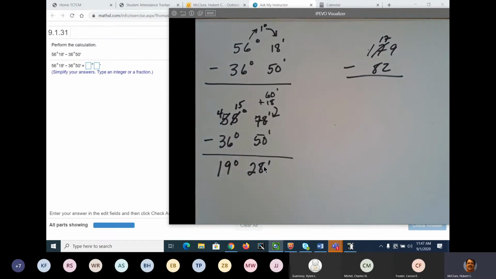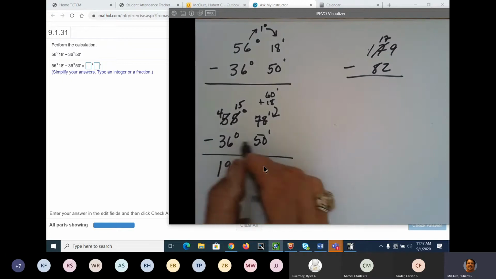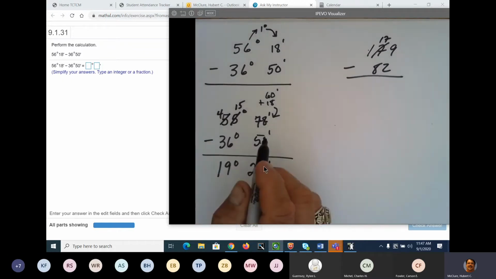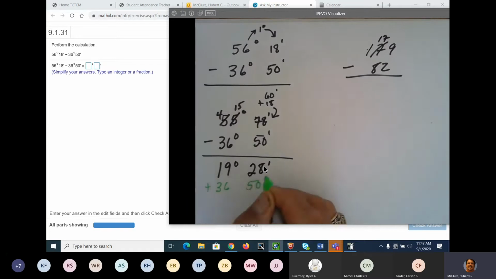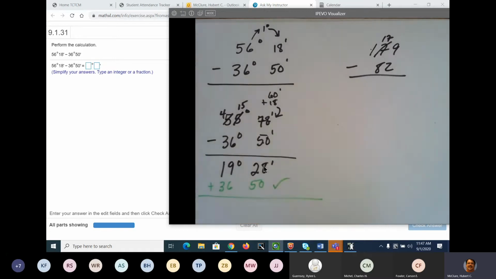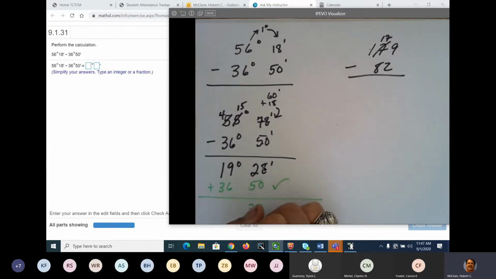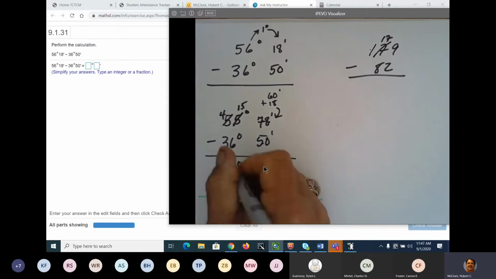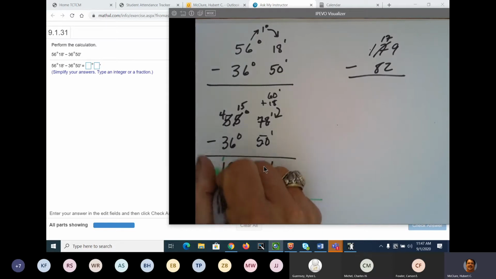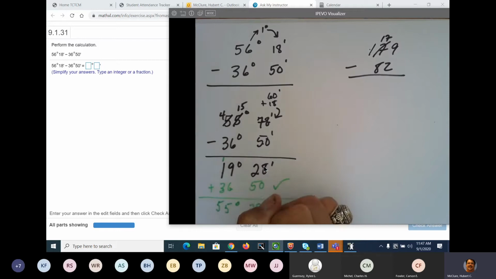Now, of course, you can check it by adding these two together. I'm going to check it in green. So I'm going to add 36 degrees, 50 minutes. For the check, that's going to be 78 minutes, and 55 degrees.